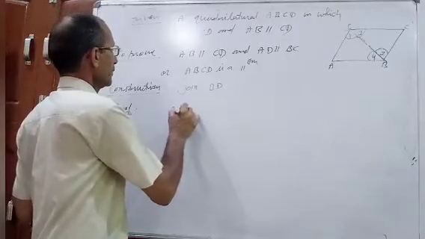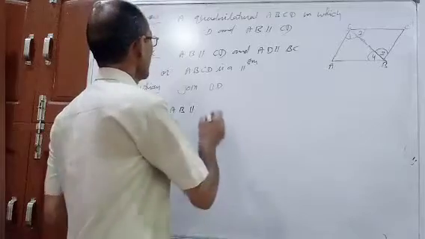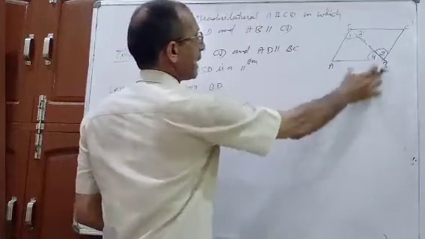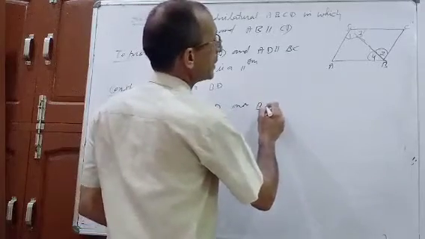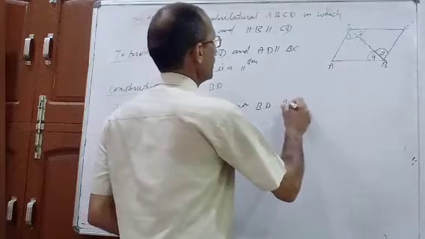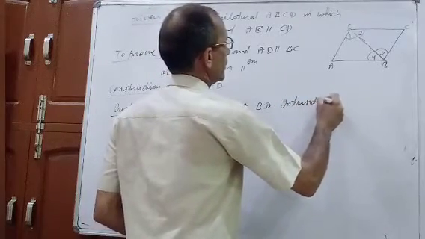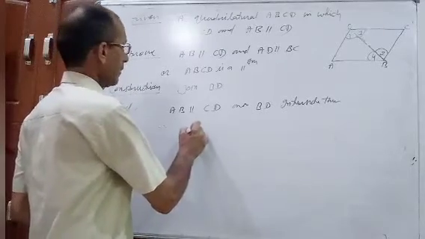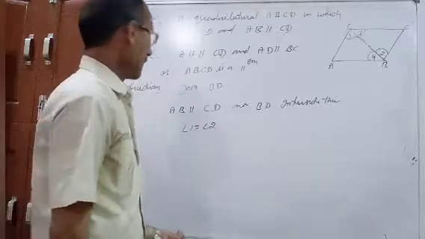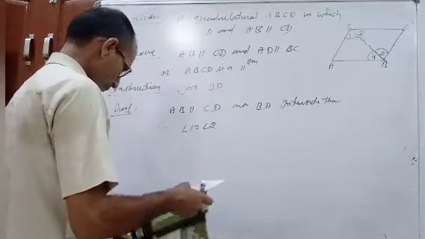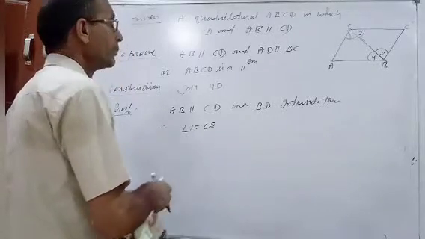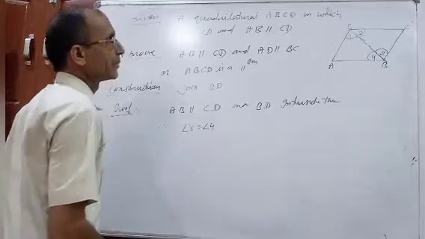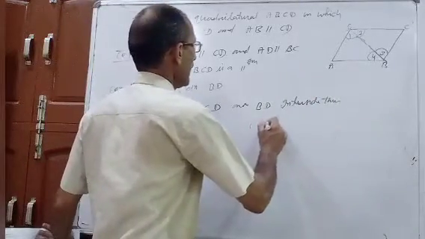AB parallel CD, and BD intersects them. Therefore, angle 1 is equal to angle 2, and angle 3 is equal to angle 4, alternate interior angles.